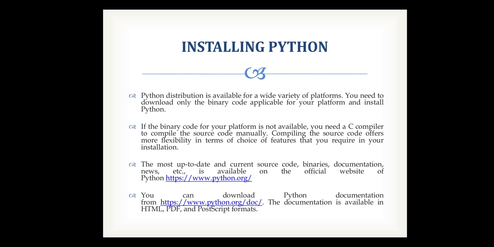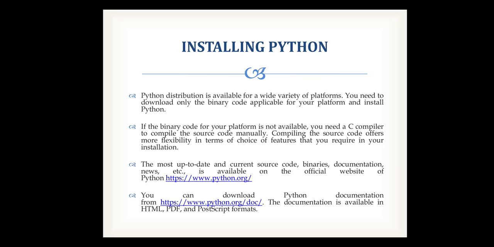You need to download only the binary code applicable for your platform and install Python. If the binary code for your platform is not available, you need a C compiler to compile the source code manually. Compiling the source code offers more flexibility in terms of choice of features that you require in your installation.